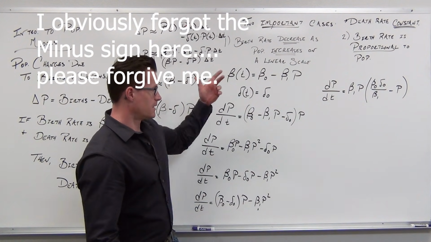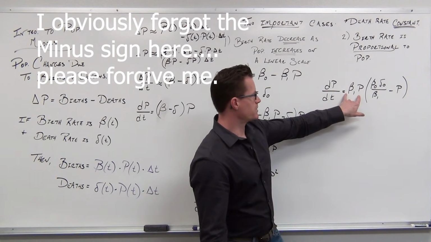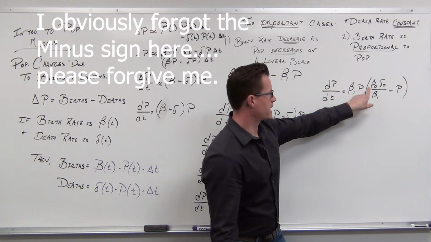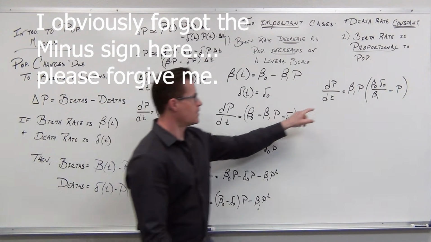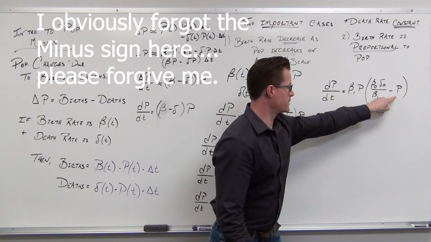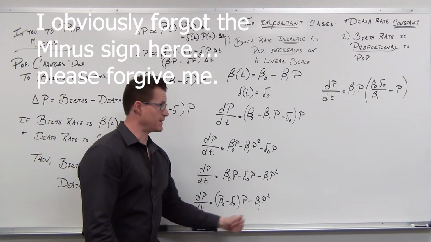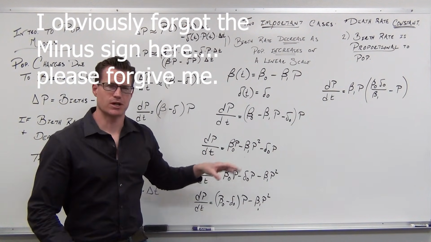It's a lot of stuff. If we were to distribute this, beta sub 1 would cancel. We'd get beta sub 0, delta sub 0, and a P. That's this. And then if we distribute here, we'd get this beta sub 1 P squared. That's this. These are the same exact expression.